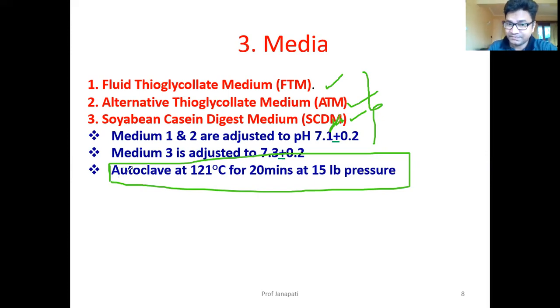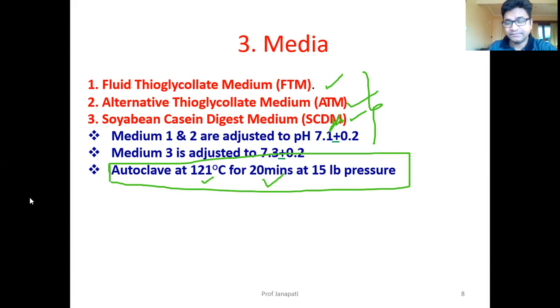What is the temperature and pressure here? 121 degrees, 20 minutes, 15 lb pressure is the most prescribed method for sterilizing the medium. Under moist heat autoclave, 121 degrees, 20 minutes, 15 lb pressure.